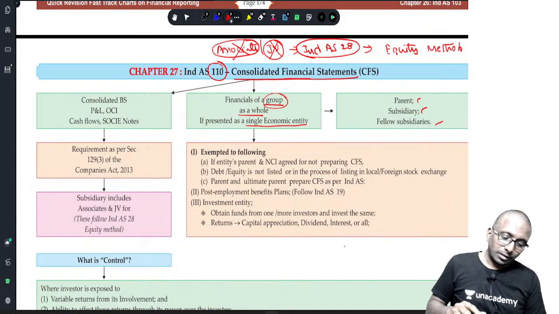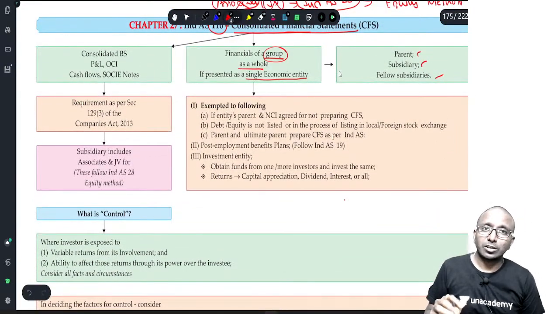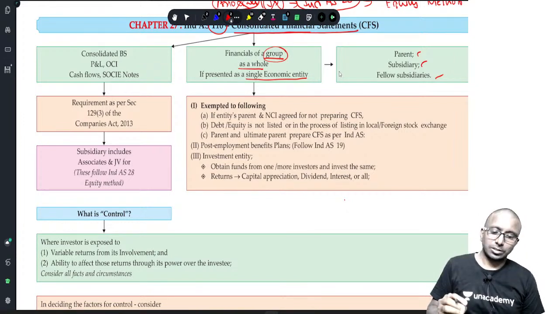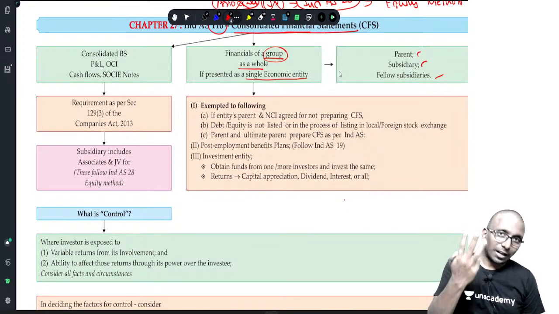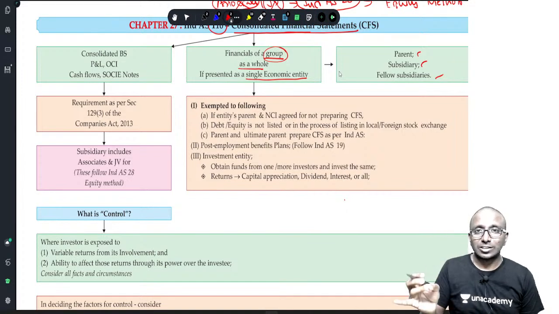Does every company have to prepare consolidated financial statements? Not exactly. There are some exemptions. Three conditions are given, and if you satisfy all three, that company does not need to prepare consolidated financial statements.